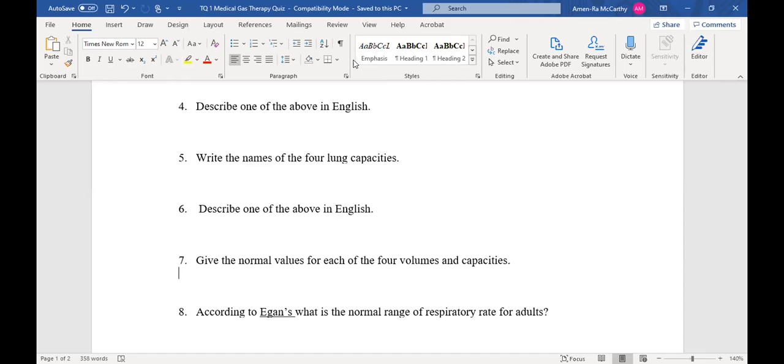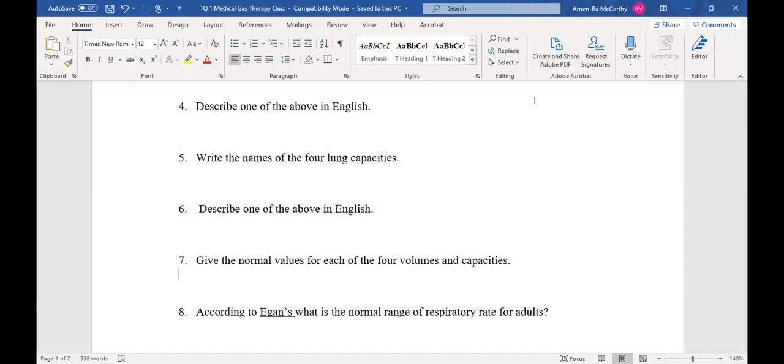Inspiratory capacity. No, we did that one. FRC is the only one left. So there you go. Tell me about that one. The air after a normal exhalation.